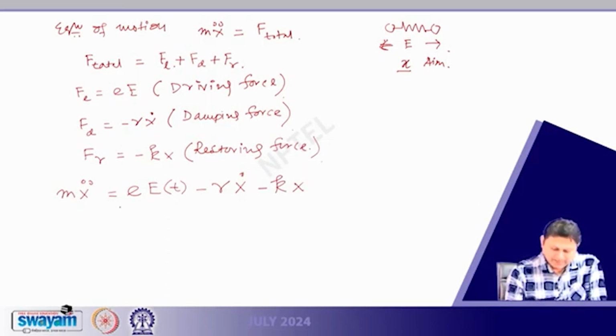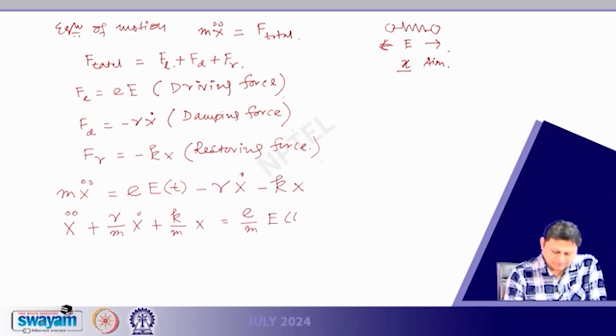I divide everything by m and put the terms with x on one side, so I can have x double dot plus gamma divided by m x dot, then plus k by m x is equal to e by m E, which is a function of time.